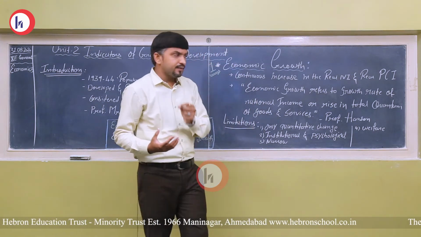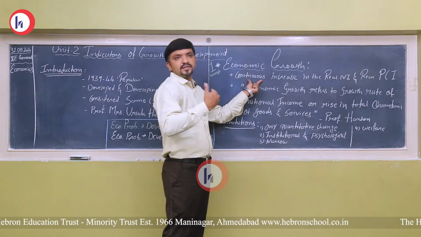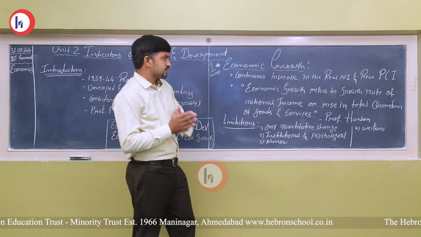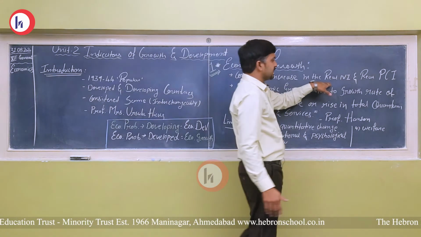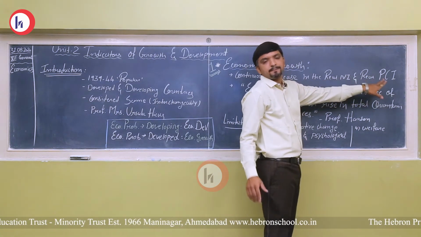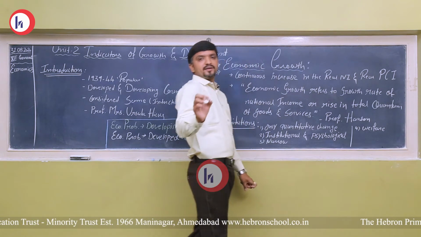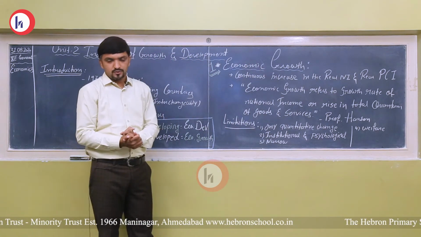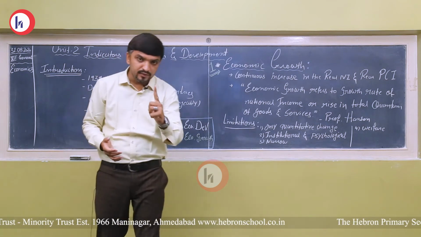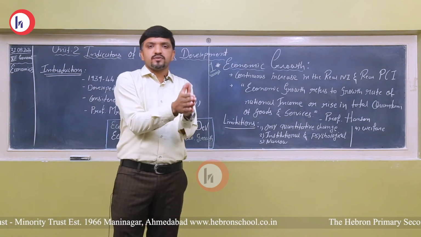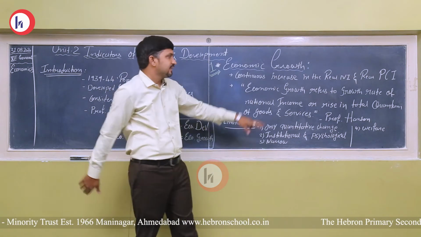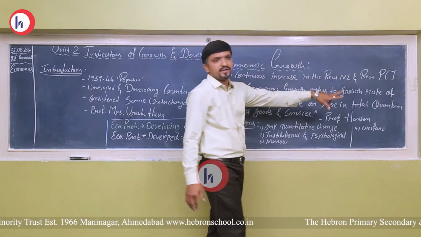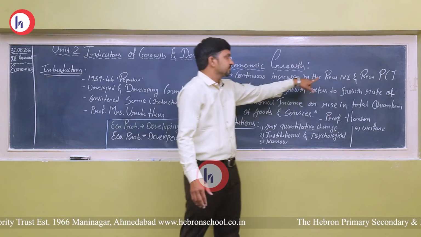So when in a nation there is continuous increase in the real national income and real per capita income, that is termed as economic growth. Which means if a developed nation wants to achieve economic growth, then there must be continuous increase in their real national income and real per capita income.